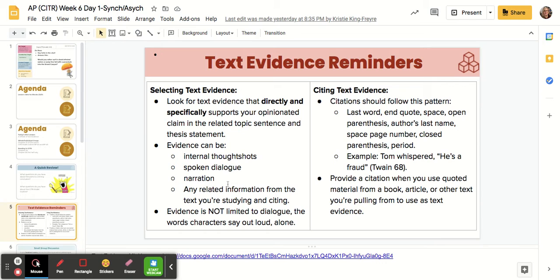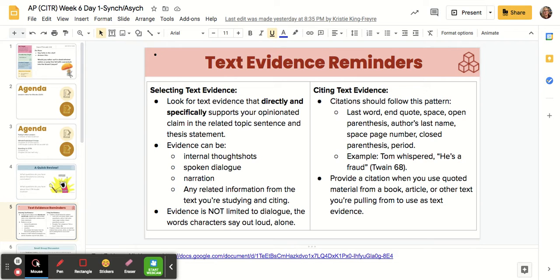I included a mini lesson in here today about how to select and how to cite text evidence. This is the exact same information that we looked at in Kindred for mini lesson number 4. So in the speaker notes here, I did include your mini lesson. So if you wanted to look at more specific examples of citation, you had that information.